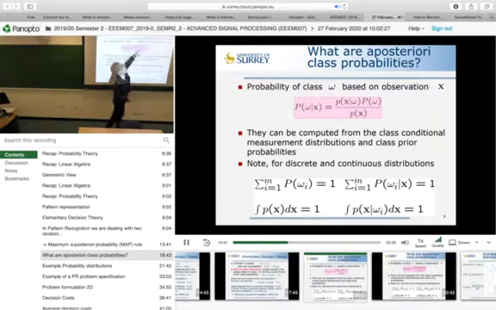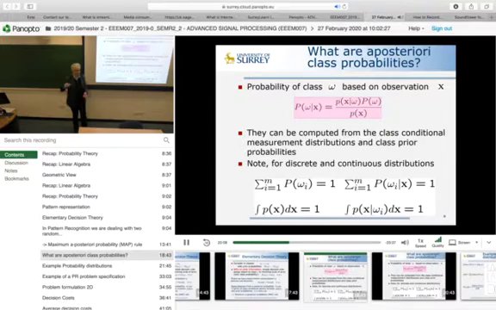And then we've got this whole P of X here, the probability of an observation, and we saw a couple of slides back that we can calculate that based on knowing those and integrating out the omegas. And there are a few things that we can use here that help us. The sum over all the classes is going to be 1, because it must be one class that it's come from.